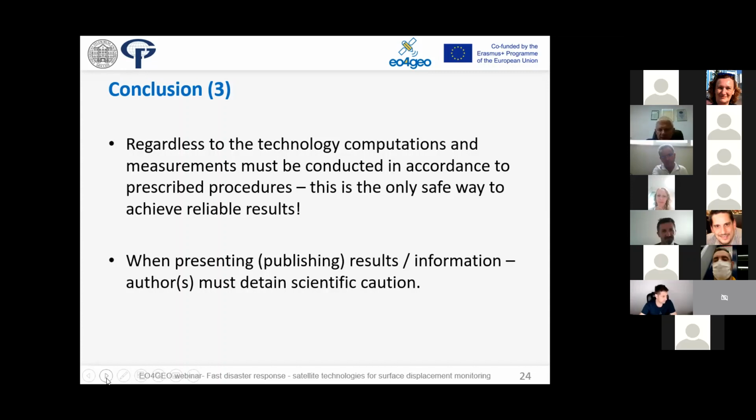Our further research is focused on combining seismological data and GNSS data, and combining all those data with radar data results, to get a more comprehensive and even more reliable interpretation of the event which we faced in the past.